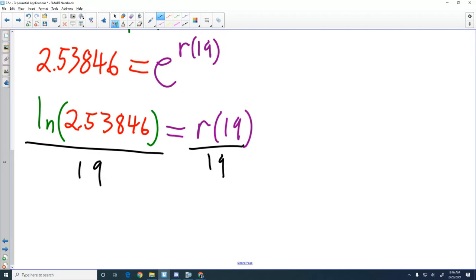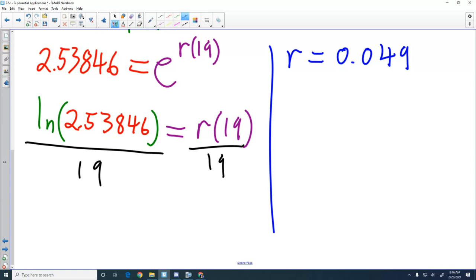So if you type that in, just ln 2.53846 divided by 19. You get r as 0.049. If I want the rate as a percentage though, what number should I use? Move the decimal 2 spots to the right. So in this case, we would multiply by 100, get about 4.9%.